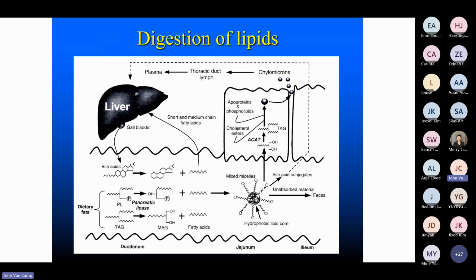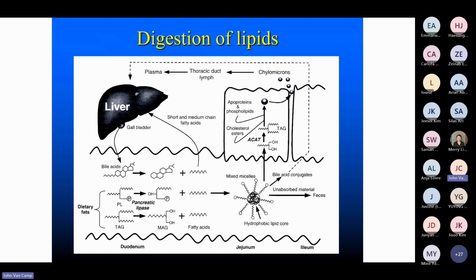And these micellar structures will then further be stabilized by the use of the bile acids, which actually come from the liver, go to the gallbladder. From there, they are released in the small intestine, and they will actually bind to the micelle structure so that the micelle is fully stabilized and will maintain in that condition for a couple of hours.